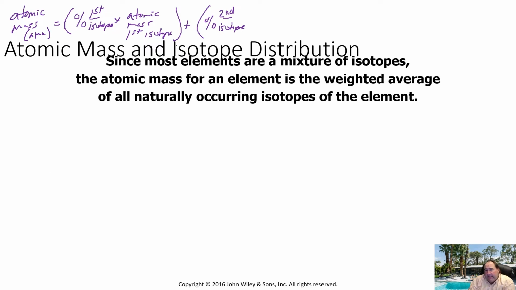So we're going to take the second isotope's percentage, or relative abundance, times the atomic mass of the second isotope. And if you had a third isotope, you would follow the same path. If you had 4 isotopes, you would follow the same pattern. The key, though, is people always want to multiply here, but it is adding. So that's an important thing to keep in mind.